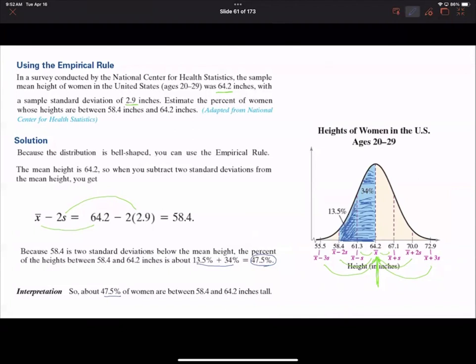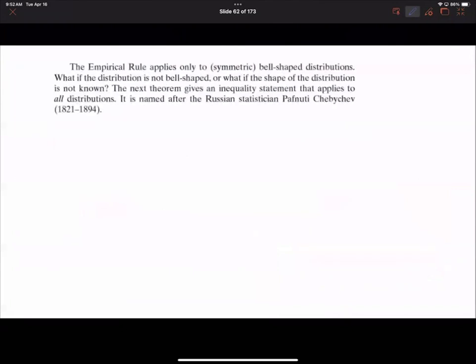Now the question is, what if you don't have a nice distribution like this? In that case, if the empirical rule doesn't apply, we're going to move on and use an inequality, the Chebyshev inequality.